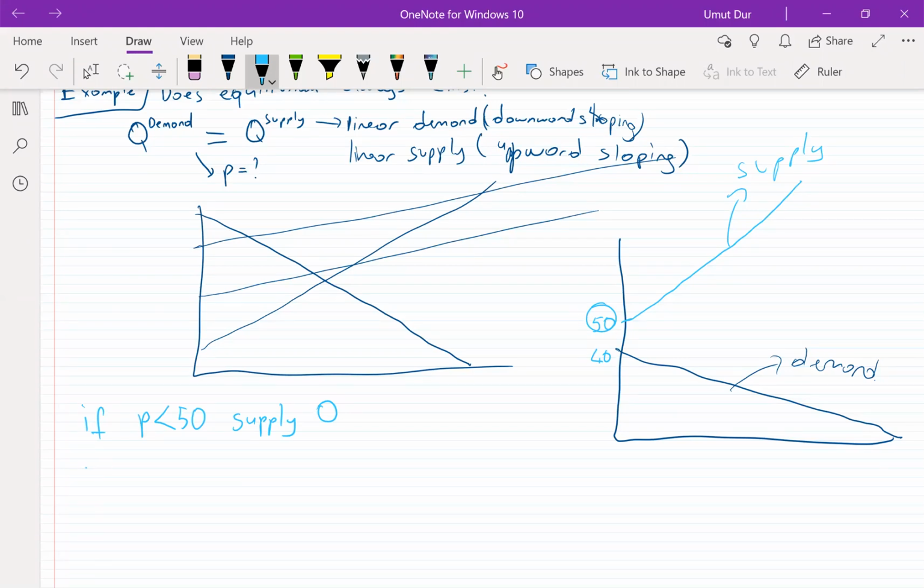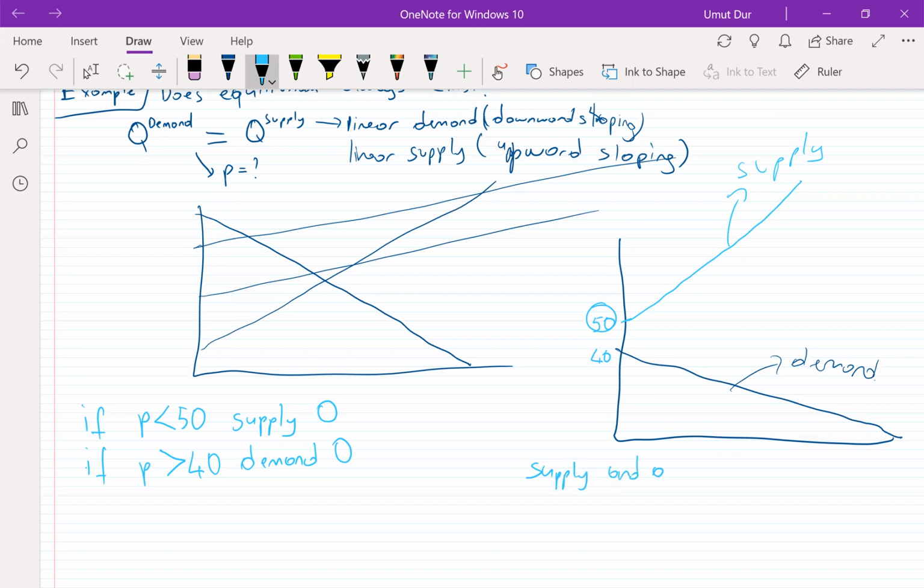What is the maximum price that the customers would like to pay? It is 40. If price is greater than 40, demand is 0.